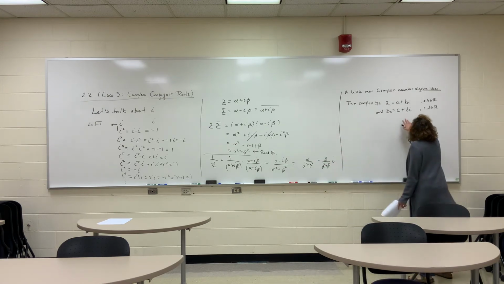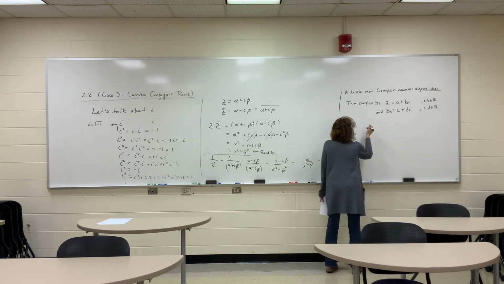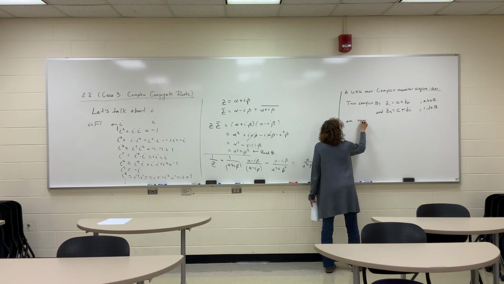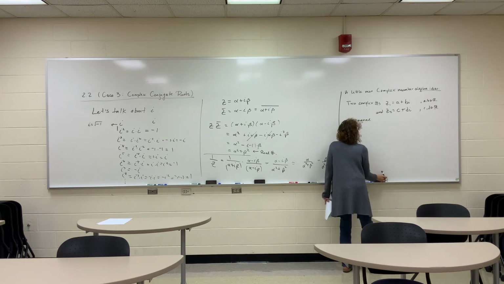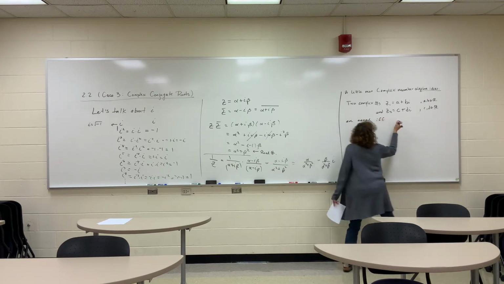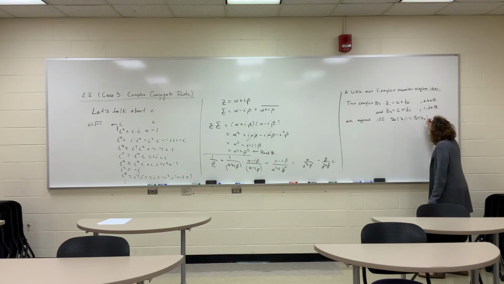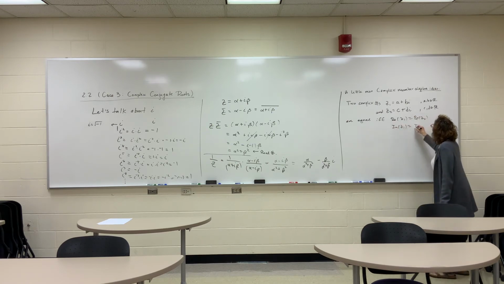Anyway, here we go. The two complex numbers Z1 and Z2 are equal if and only if the real part of Z1 is equal to the real part of Z2, and the imaginary part of Z1 is equal to the imaginary part of Z2.